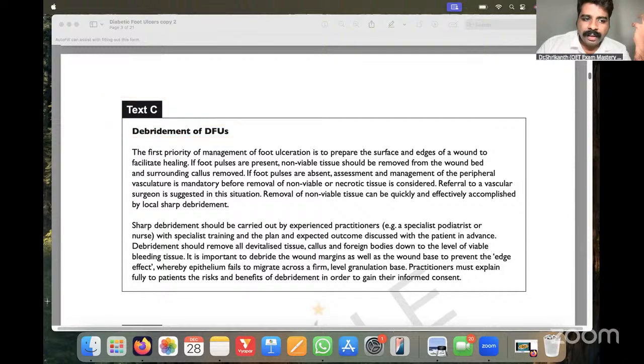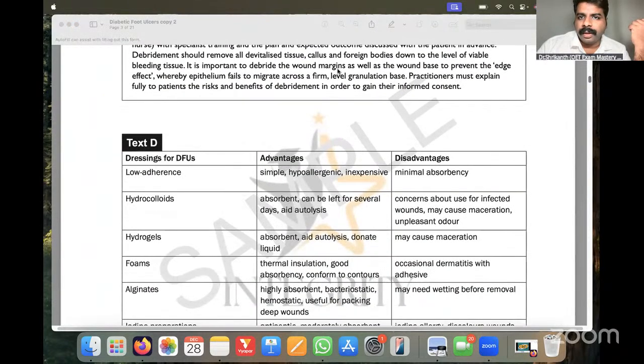Similarly, we have the fourth text. In the fourth text, you see a table, dressings for DFUs and advantages and disadvantages. Right. So like this, you can expect four texts, A, B, C, and D.